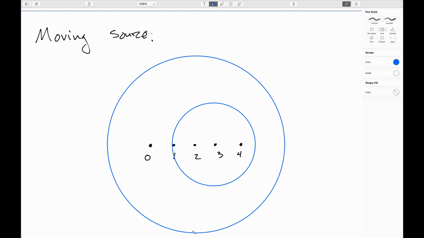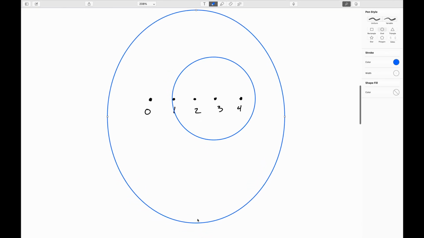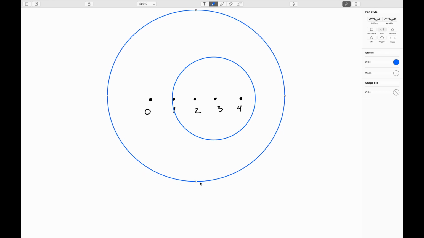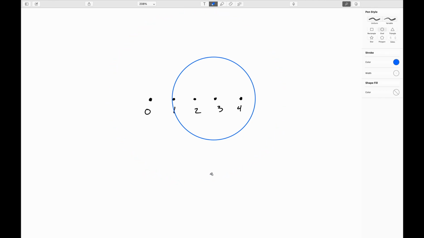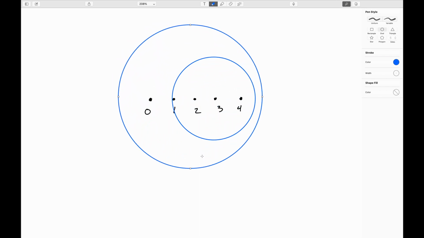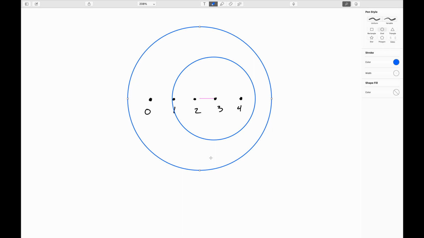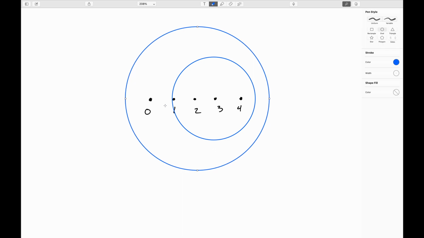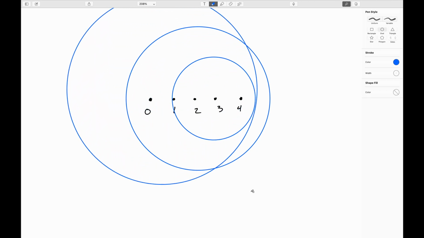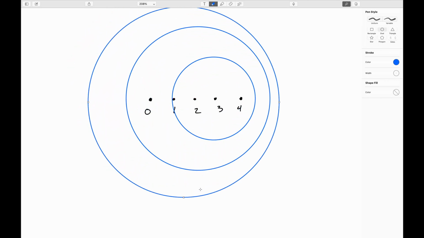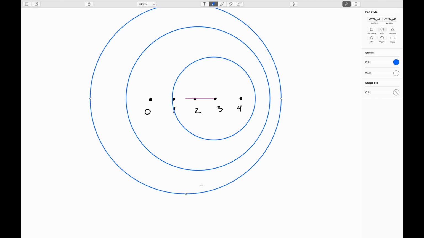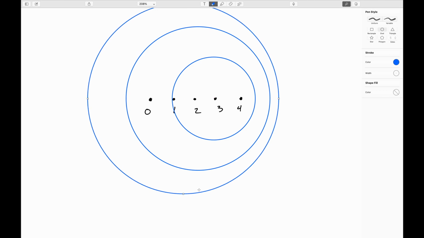Actually, this one's probably a little too big. Oops. I did not mean to do that. There, that's a little better. All right, let's just do the one for location 1 and call it good. All right, that looks pretty good.